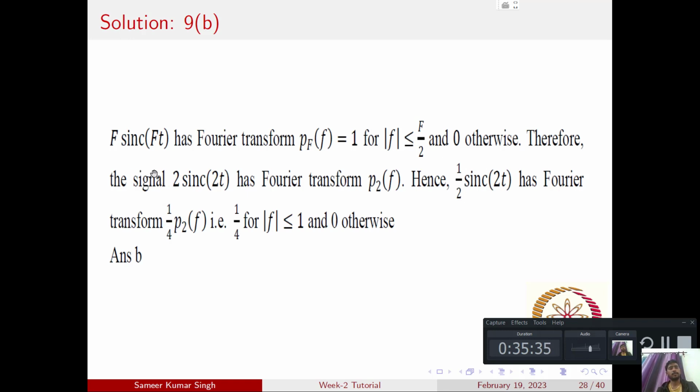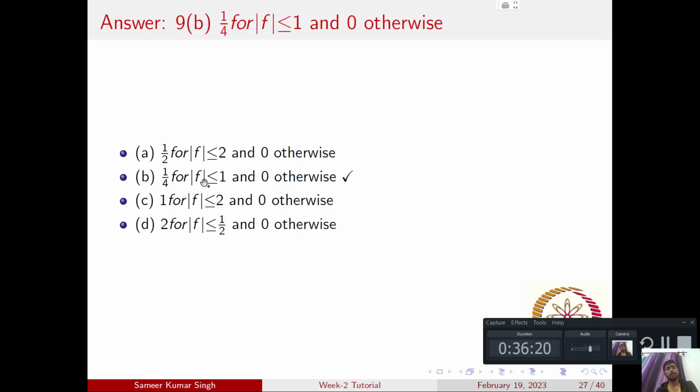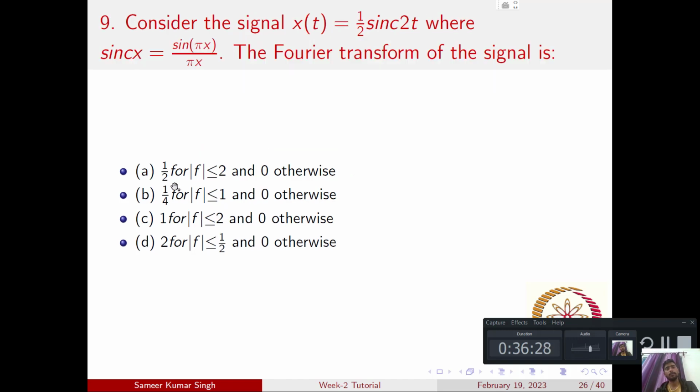Here we change the amplitude, it becomes 1 by 2 sinc 2t, and the Fourier transform becomes 1 by 4 rect. So our 1 by 2 sinc 2t will become 1 by 4 rect, with the limit going from -1 to 1 and 0 otherwise. According to the answer, we have a pulse from -1 to 1 with an amplitude of 1 by 4.